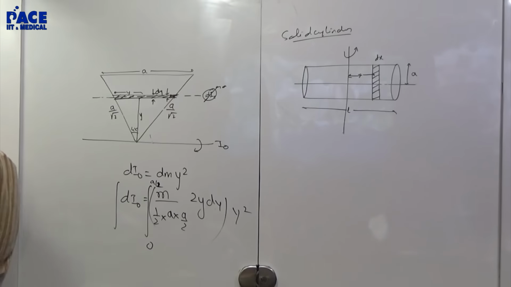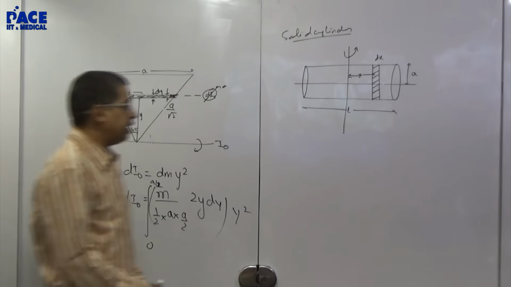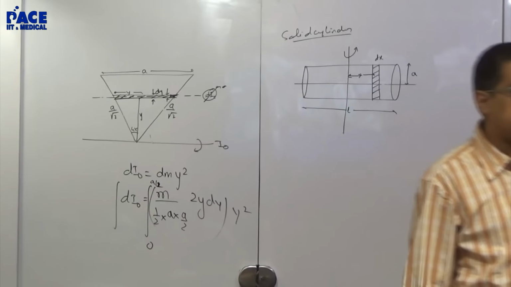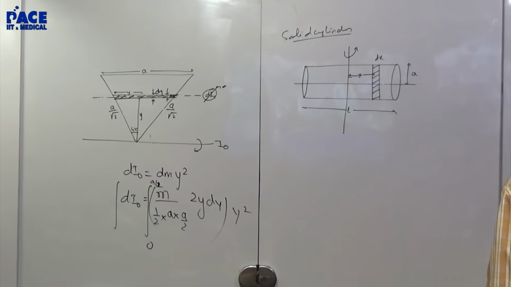Sir, is it integration of dm r square by 4 plus integration of dm x square? Limits minus L by 2 and L by 2. Right. Your final answer will be m a square by 4 plus m l square by 12.